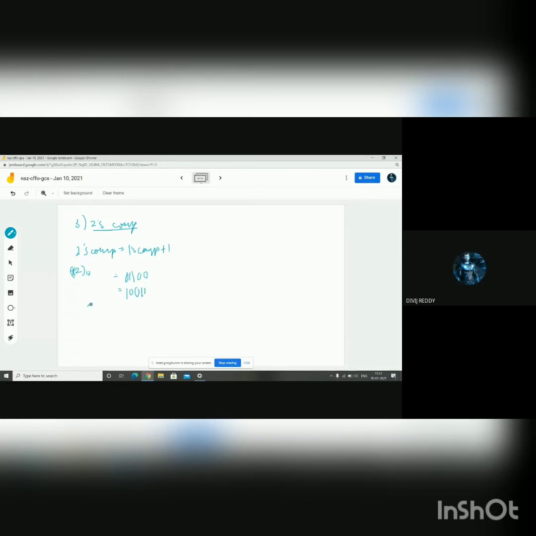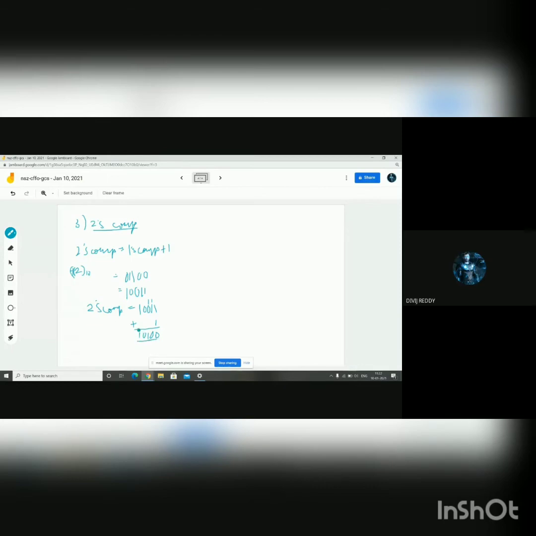Now for two's complement we have to add 1 to the one's complement: 1 plus 1 is 0 carry 1, 1 plus 1 is 0 carry 1, 1 plus 0 is 1, and the rest as it is.